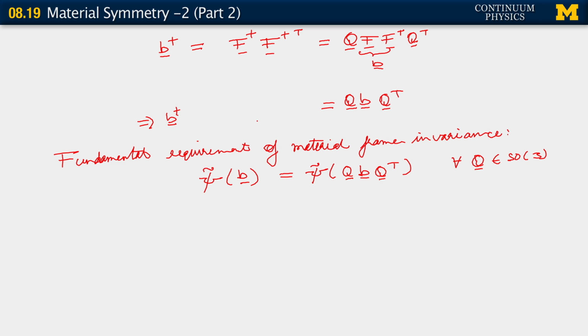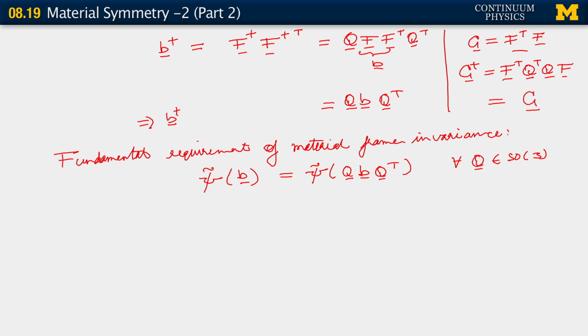Recall that C is F transpose F, and therefore if you wanted to calculate a C plus, you would see that you got F transpose Q transpose QF, which was the same as C.